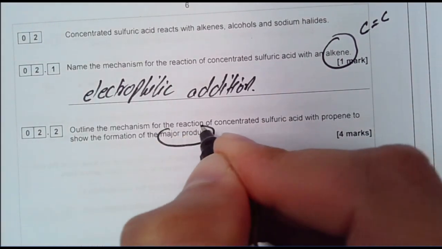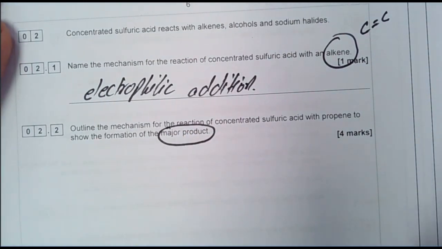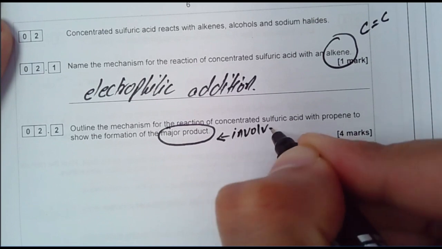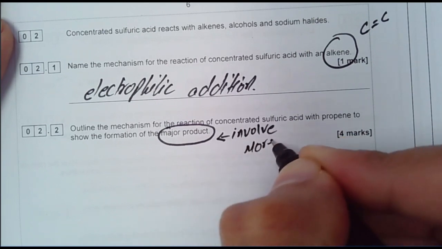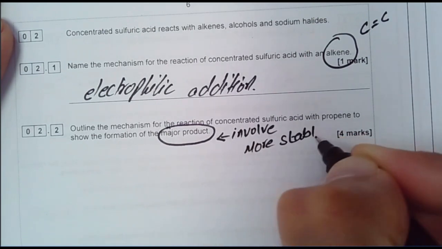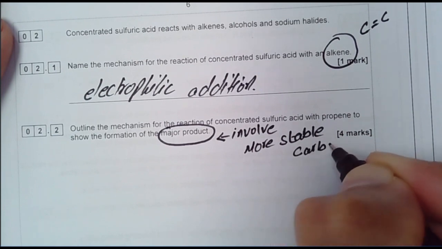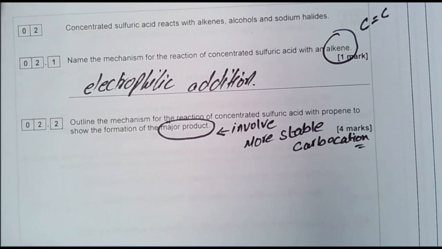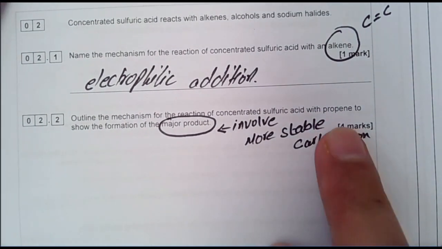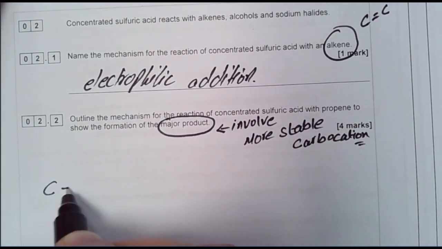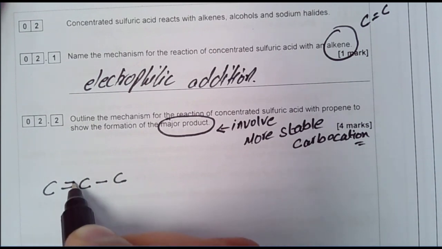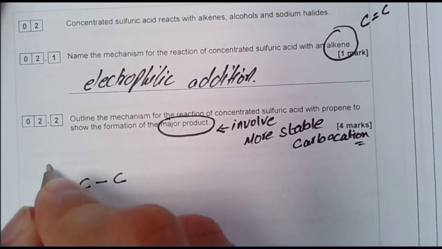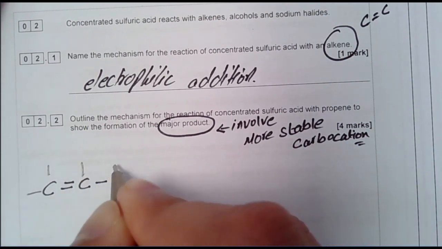So the major product will be the one that involves the more stable carbocation. So we've got propene, carbons 1, 2, 3.